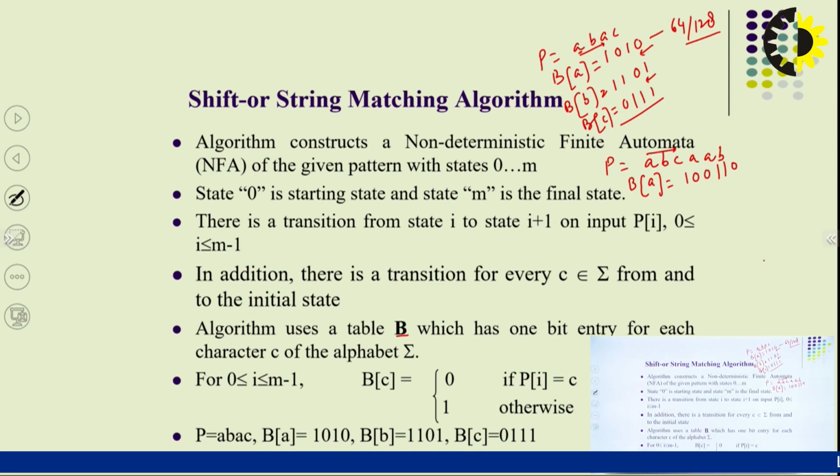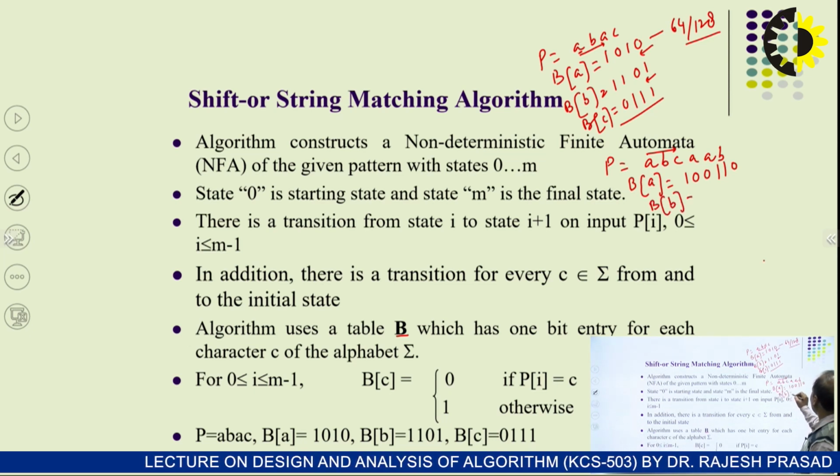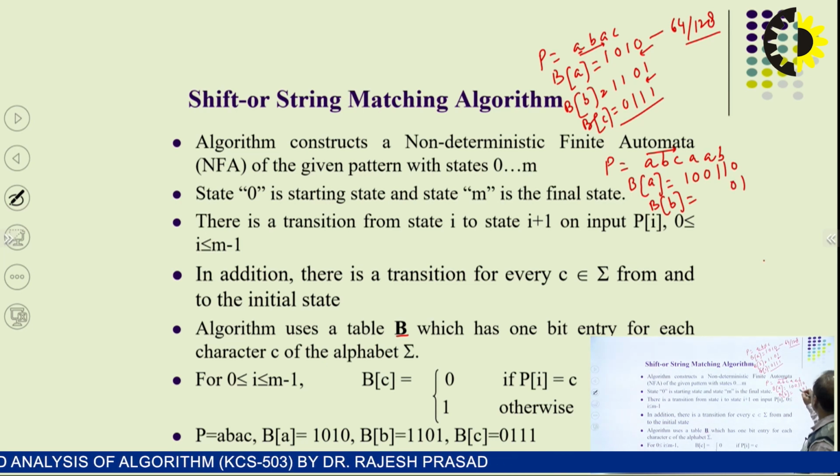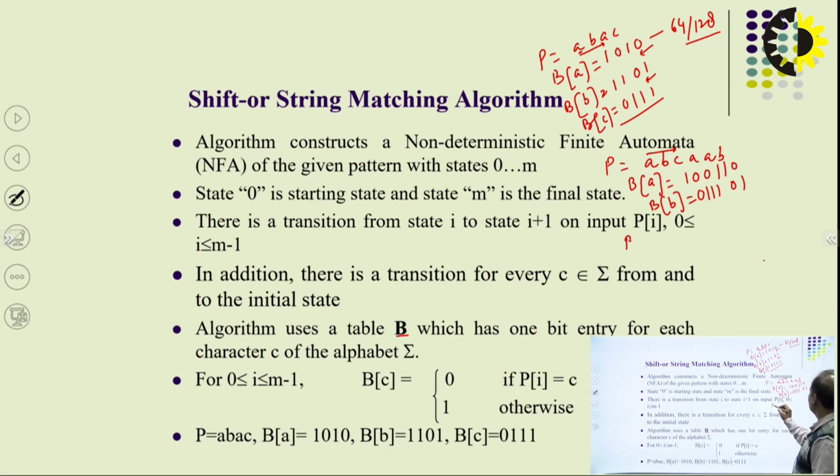This is B of A. This is sufficient for us, we do not need to convert the finite automata into a DFA. Then B of B, right? B of B is 1, then 0, then 1 1 1 and then 0. This is B of B. Then B of C, you can see that this is occurring at only one position. So 1 1, then 0 1 1 1.